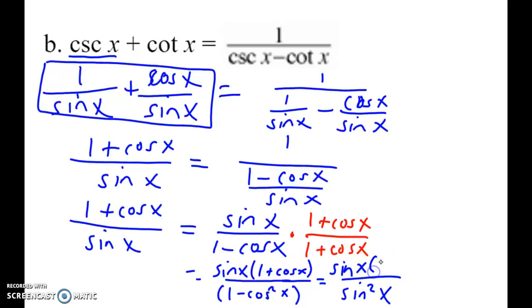So I'm going to be able to simplify. One of my sine x's in the numerator divides with one of the sine x's in the denominator, leaving just sine of x in the denominator. And now they are equivalent.